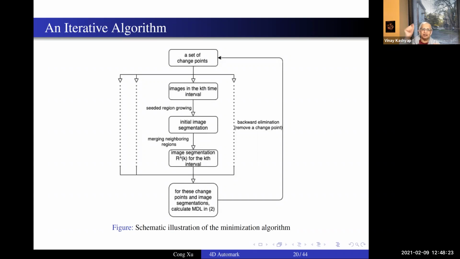Then you add another change point at the 75th slice, and you calculate the MDL for that. If it's better, then clearly it's a better model. Okay, now that makes sense. Thank you. So the time and the change points are different. Yeah, I got confused. I'm sorry. Is that right, Kong?